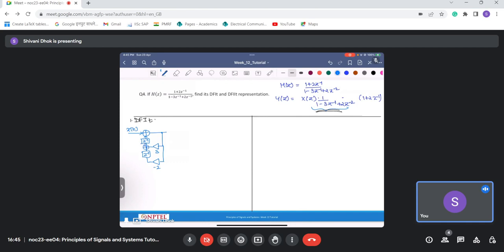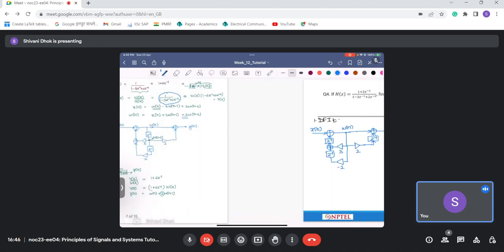So this is the first part, and this is, let's say, w(n). Now this w(n) gets added like this, and I have a gain of 2 and z inverse. So this is my direct form 1 transpose representation.